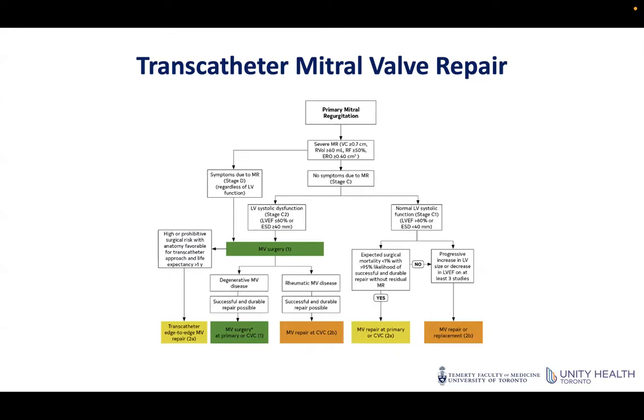I think that from a very quick snapshot, like shown in this picture, it appears quite clear that for primary mitral regurgitation, most of the potential outcomes are actually leading to a surgical intervention in the decision-making algorithm. And the transcatheter approach is mostly reserved or indicated in patients who are showing a higher or prohibitive surgical risk.